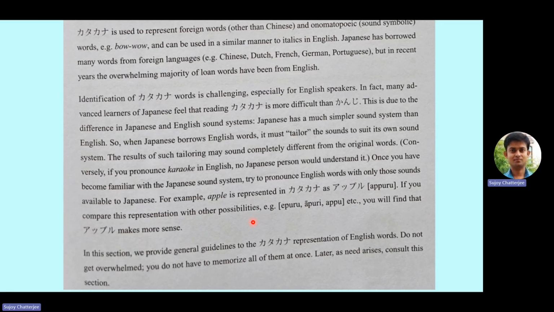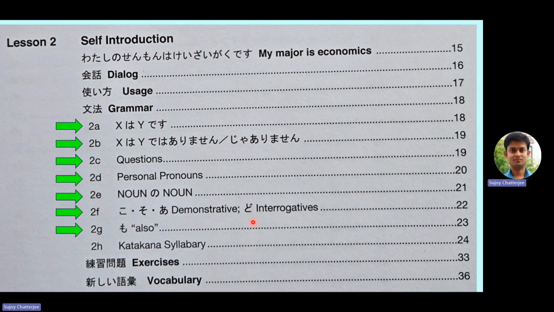So today it's already too much we have learned. So I won't go into the rules of katakana because it itself is a very vast topic, which we will discuss in the next video of this series. So we have completed from 2A to 2G, and we are at 2H.